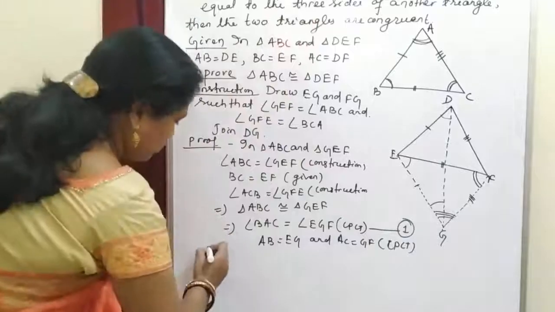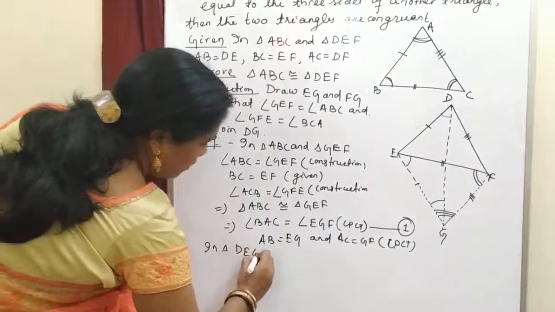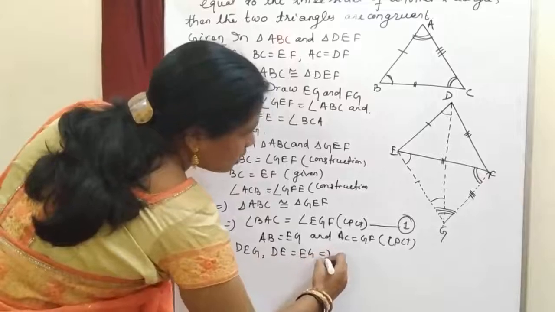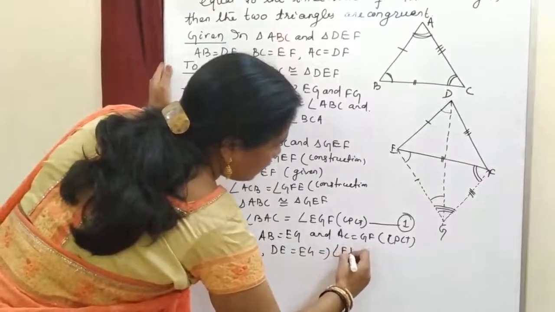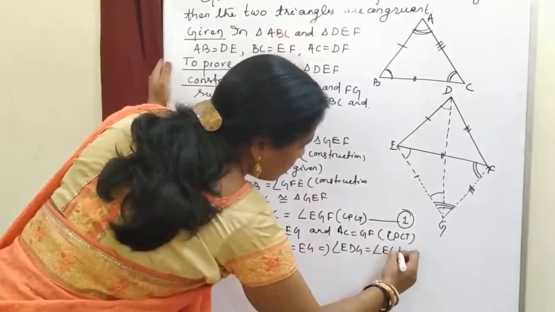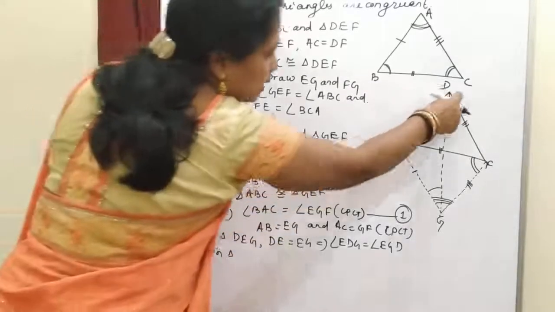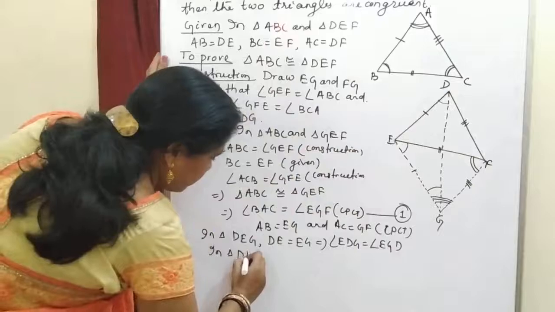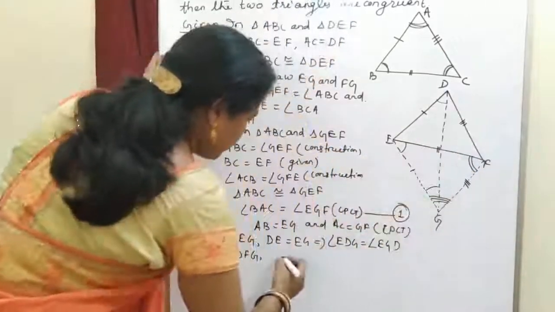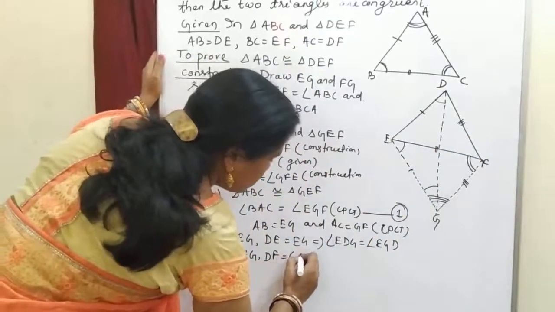So in triangle DEG, DE is equal to EG. So this implies angle EDG is equal to angle EGD. And in triangle DFG, DF is equal to GF.